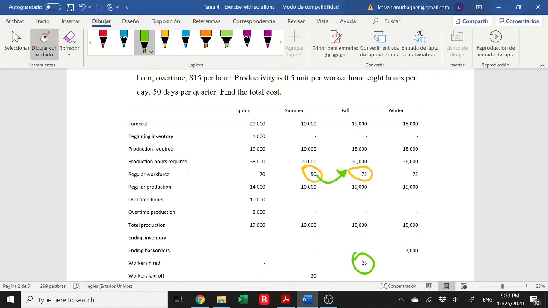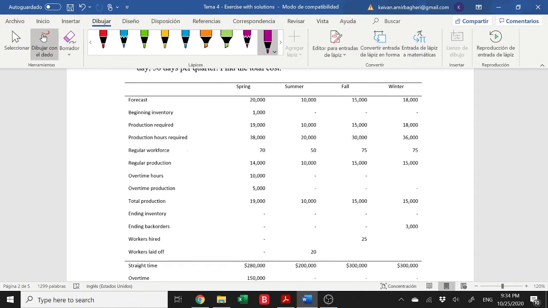As I told you, if the problem doesn't give us this permission, we need to try to solve this lack with overtime, for example, or if subcontracting was allowed, we need to cover this with subcontracting. It totally depends on what the problem says.